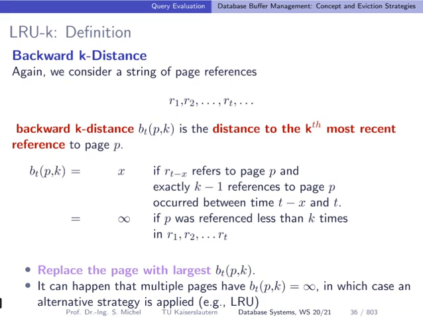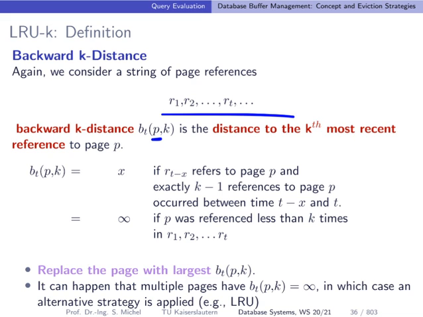So basically what LRU-K is defining is called a backward k distance. If we have a page reference string as before, so these are accesses to different pages, then we define for one page P the backward k distance to be the distance to the k-th most recent reference.